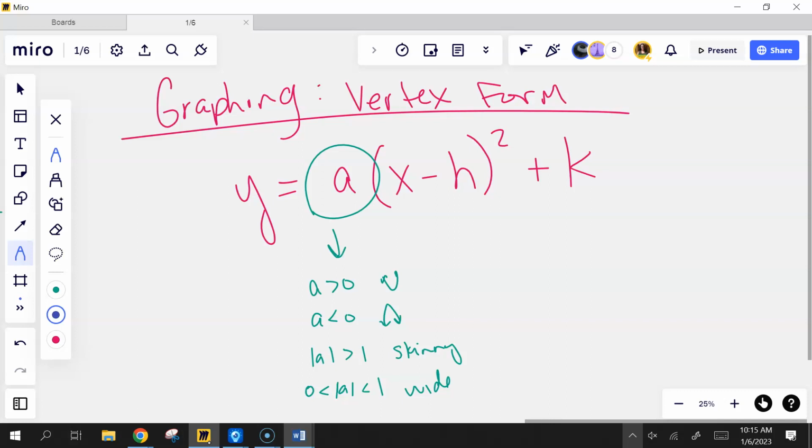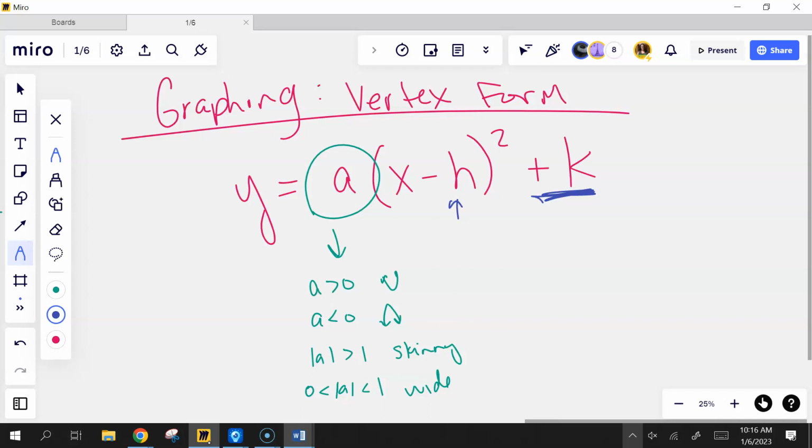What does this do from the parent graph? If this moves it left and right, up or down, it's a vertical move. This is a horizontal move. This is a vertical. You've got the horizontal move and the vertical move.